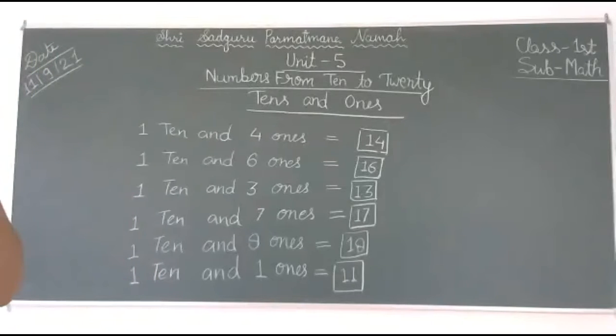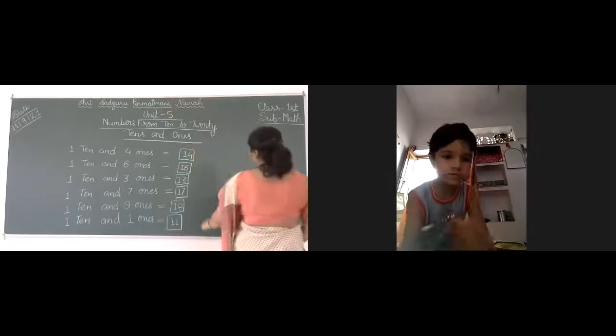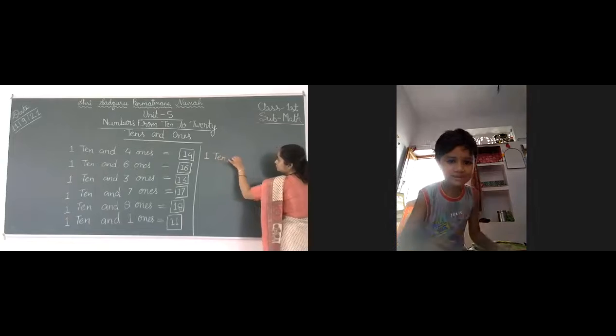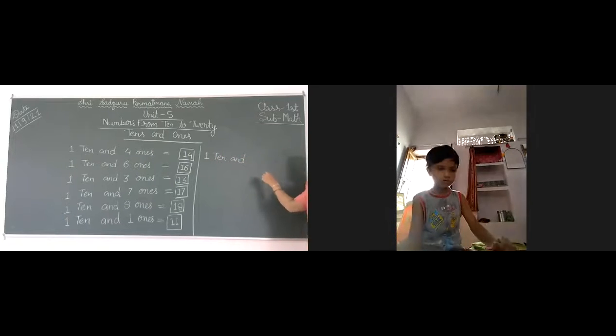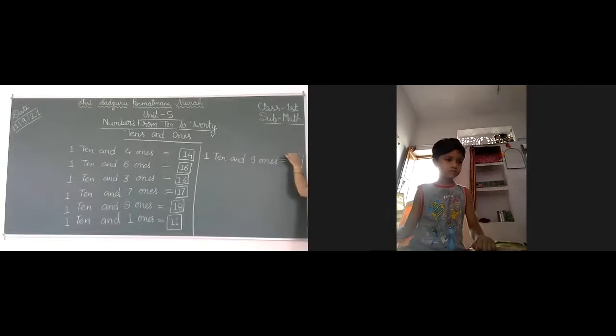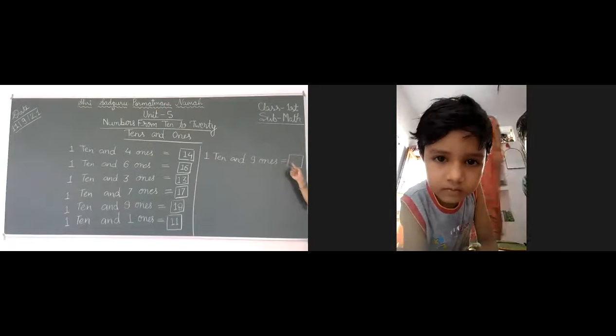All of you write down. Okay, Anshika. Okay, Anshika, give me answer. 1 ten and 9 ones is equal to.